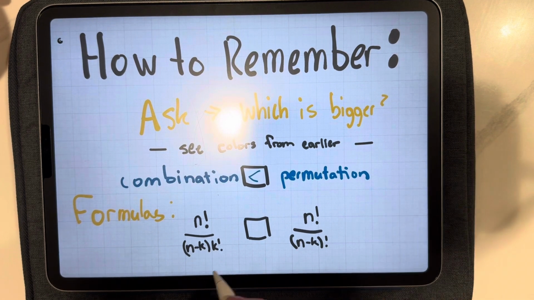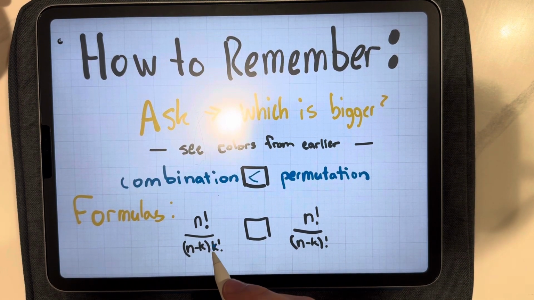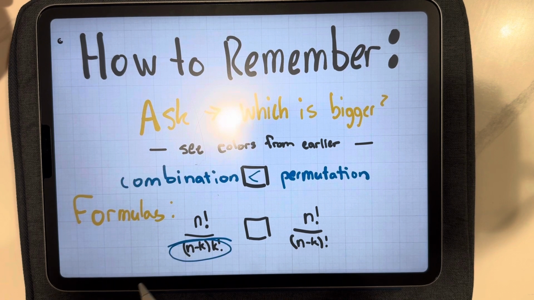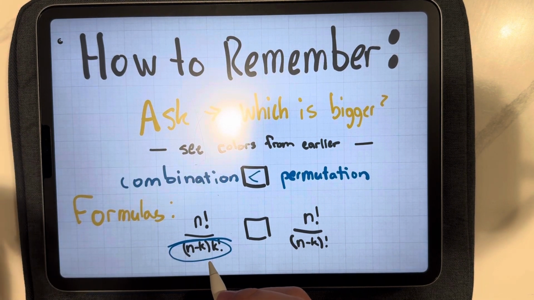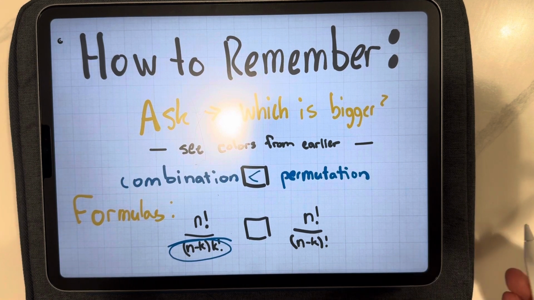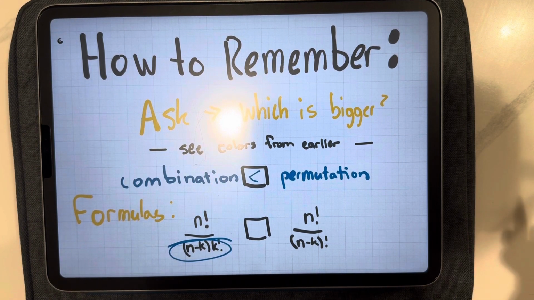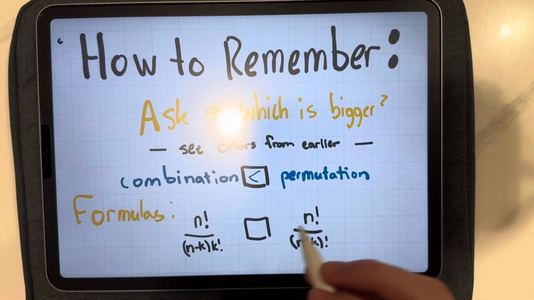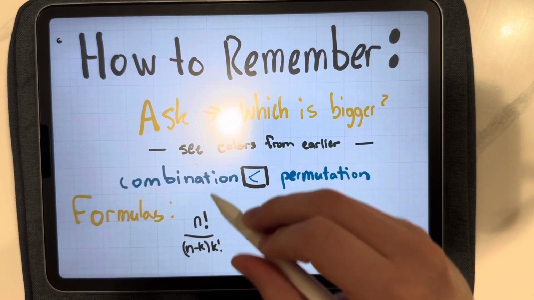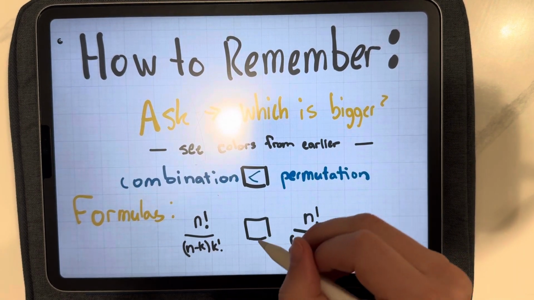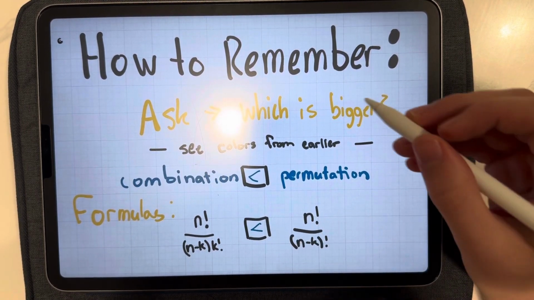And when you have a k factorial on the bottom, this just makes the bottom bigger, because k factorial is going to be bigger than 1 or equal to 1. And so that means the whole thing is smaller, which means that this is bigger.